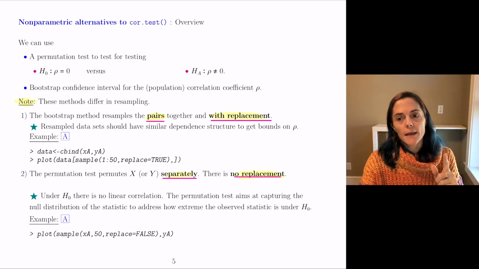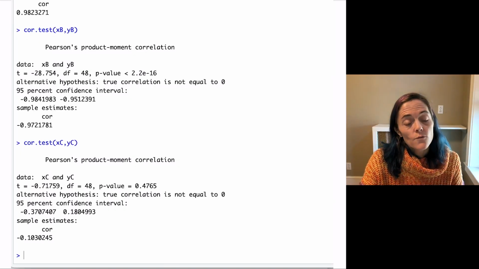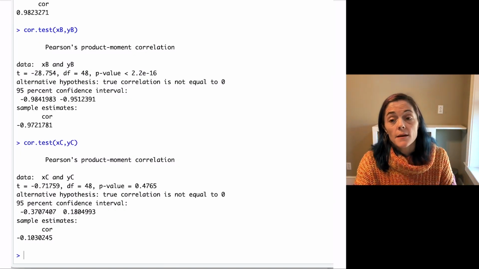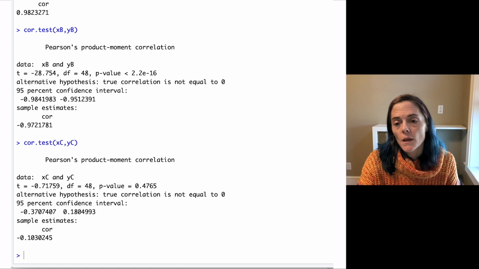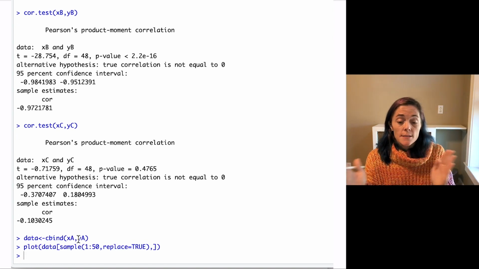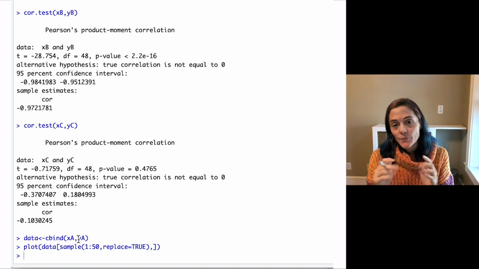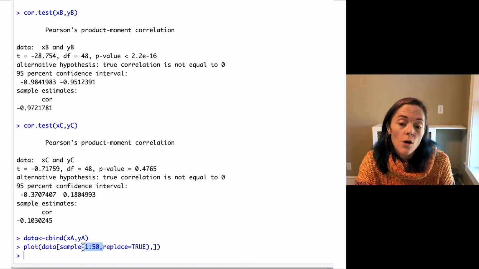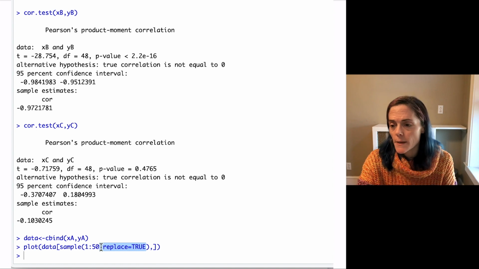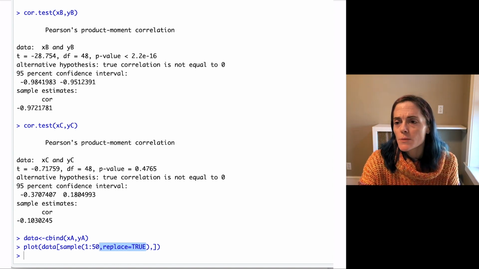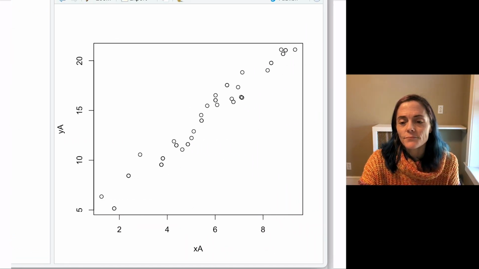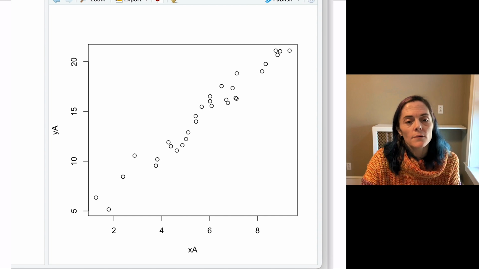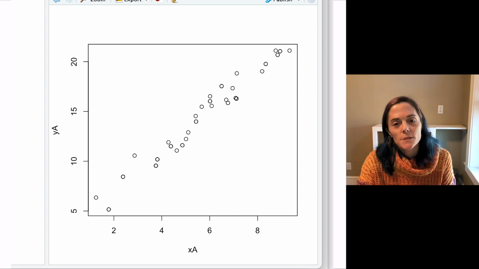Let me just show you this in R, so you get an idea on the differences in regards to the resampling. So for the bootstrap method, when I do this cbind function, I am pairing the samples. And then what you notice here is I'm just sampling among the rows with replacement. So let me show you this plot. Here would be one example. Now I'm going to do it multiple times.